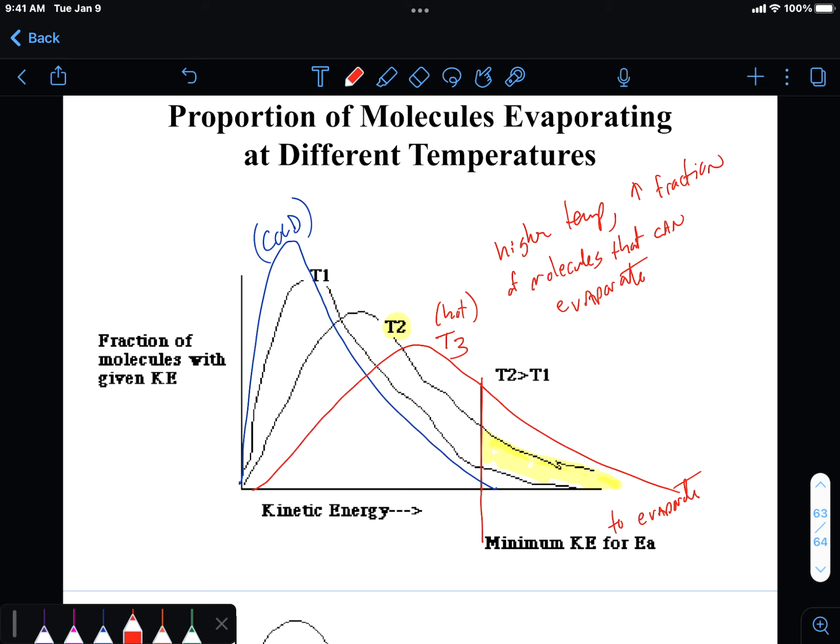And now you have even more of the sample that can evaporate. So this is how temperature changes the rate of evaporation. The hotter it is, the more molecules that can evaporate, based on this energy distribution.